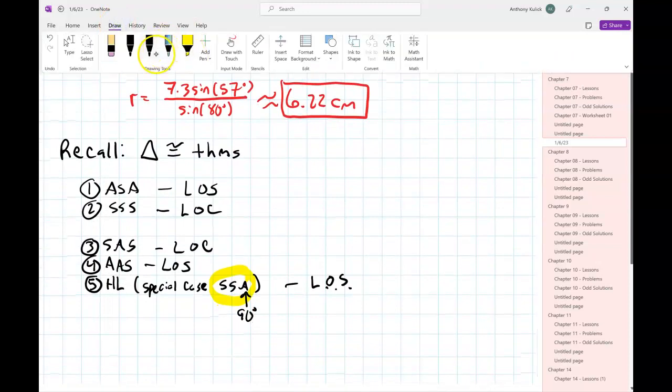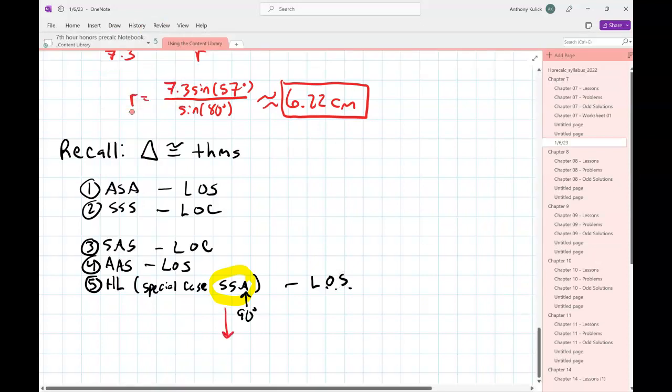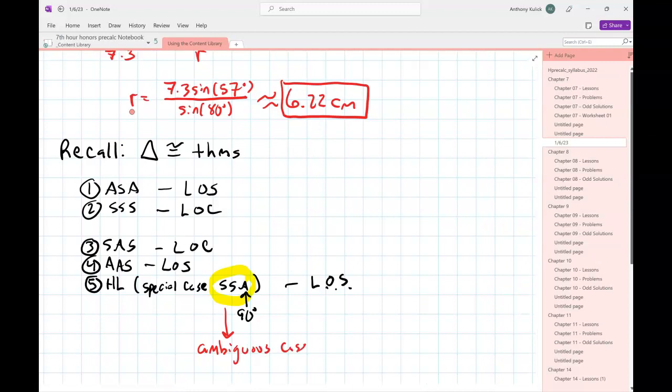And since we don't have guaranteed triangle congruence, we call this situation the ambiguous case, because we could have 0 triangles possible, 1 triangle possible, or 2 triangles possible, depending on what the values are for my side, side, and angle.